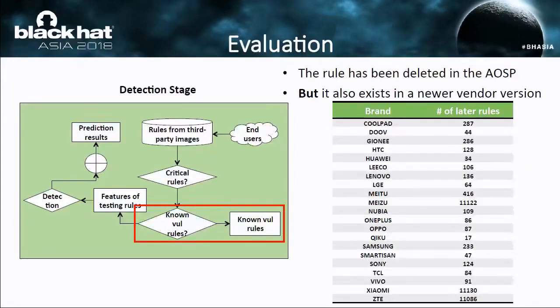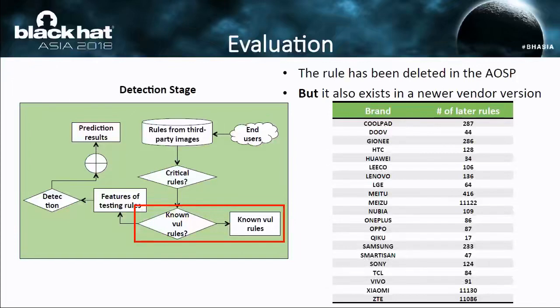After this, we can record the problems that we have. We try to detect whether these vulnerabilities belong to the known vulnerabilities. Here, our insight is that if a rule has been deleted from the AOSP, it may also exist in newer vendor versions. This reflects the SEAndroid ecosystem, and many vendors don't follow Google's AOSP policies.